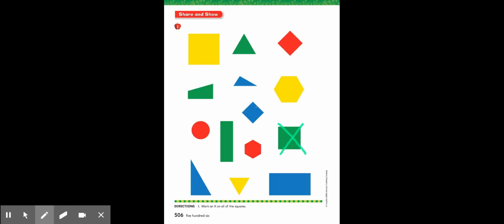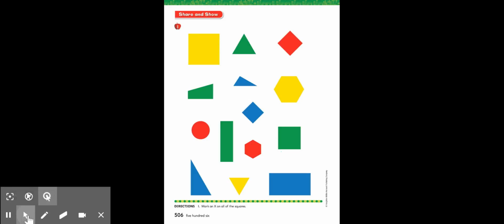I thought, that doesn't look like a square, but if I really, really look closely with my math glasses, I see that it has one, two, three, four equal sides, four equal corners, and I remembered from our mini lesson that even though a shape might be tilted a different way, as long as it fits the properties of a square, we can still call it a square. So X marks the spot. I will let you finish the scavenger hunt on your own. I can't wait to see if you find all the squares. I bet you can.